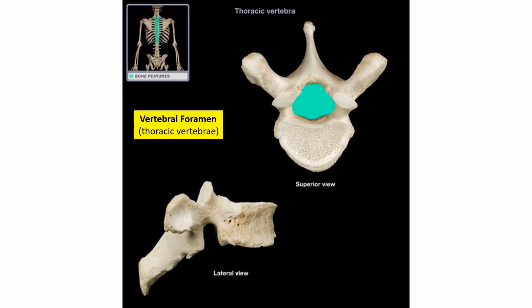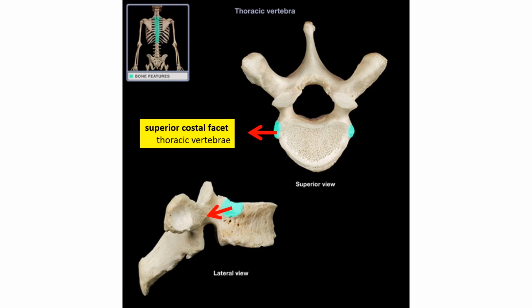Just posterior to the body, we have the vertebral foramen, bounded by the body anteriorly, and the arch posteriorly. What is an arch made of? It is made of two pedicles and two laminae.